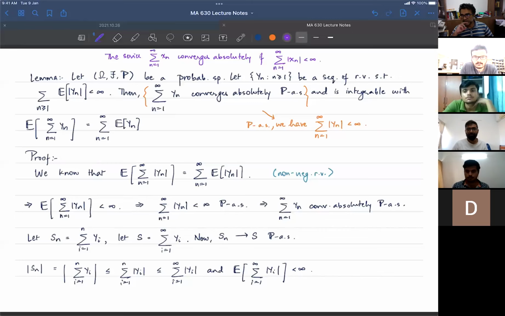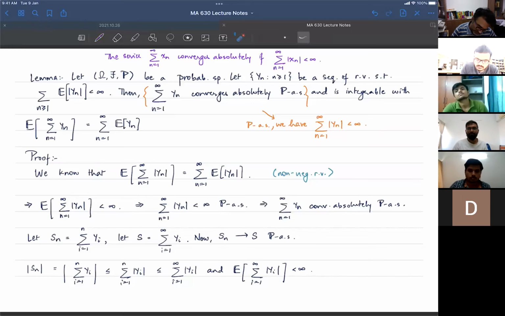So a series converges absolutely if, instead of taking the terms of the series, I take the absolute value of each of the terms and add them up, and I still get something finite.